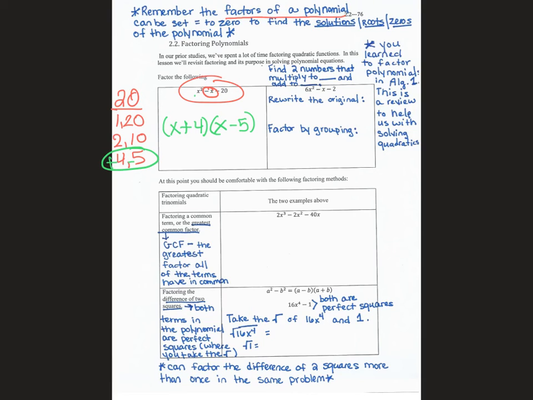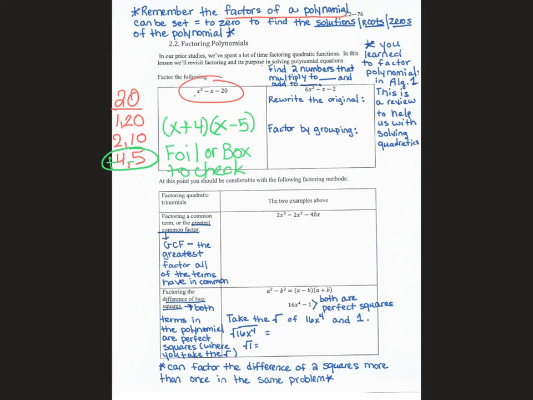We could check this by using the FOIL method or the box method to make sure that when we multiply these two binomials together, we end up with x squared minus x minus 20. So that's what we call a basic polynomial.